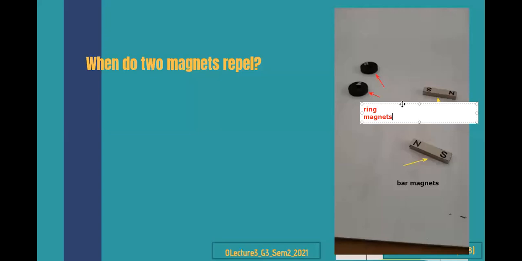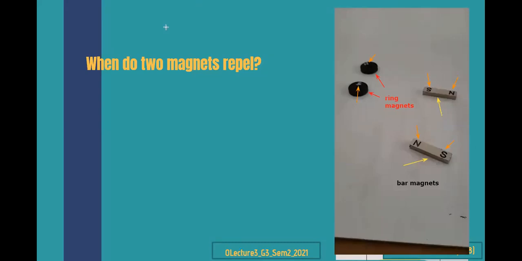Ring. Bravo. These are ring magnets. And as you can see, these magnets have poles. North pole, south pole. South pole, north pole. North pole, south pole. They have poles.